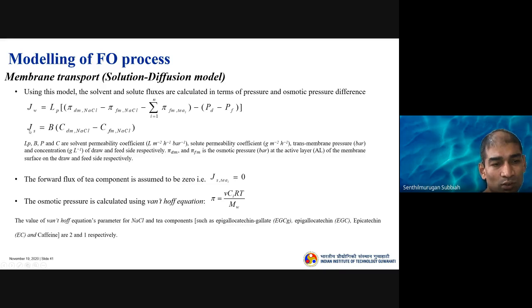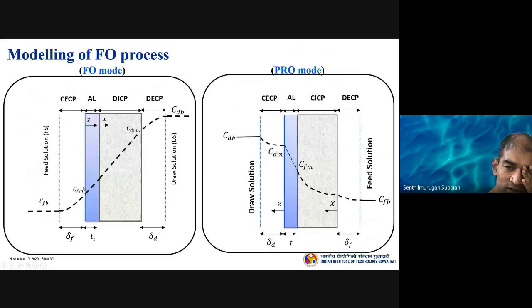Again, you have JS, which is the solute flux, driven by the difference of the concentration. And one of the important things is that when we have this membrane, we always say that the draw solution is going to diffuse to the feed solution. What about the feed solution diffusing to the draw solution?